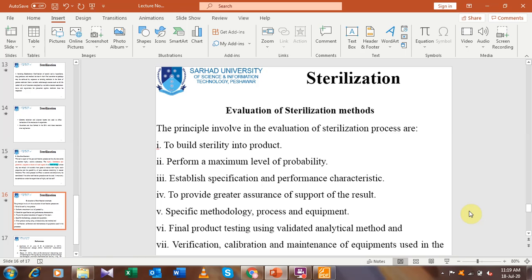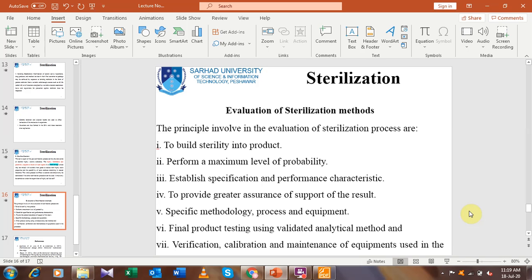We must consider some points, including building sterility into the product. It is one of the basic principles for evaluation that we should build sterility inside the product with a maximum level of probability, and we should establish specification and performance characteristics.